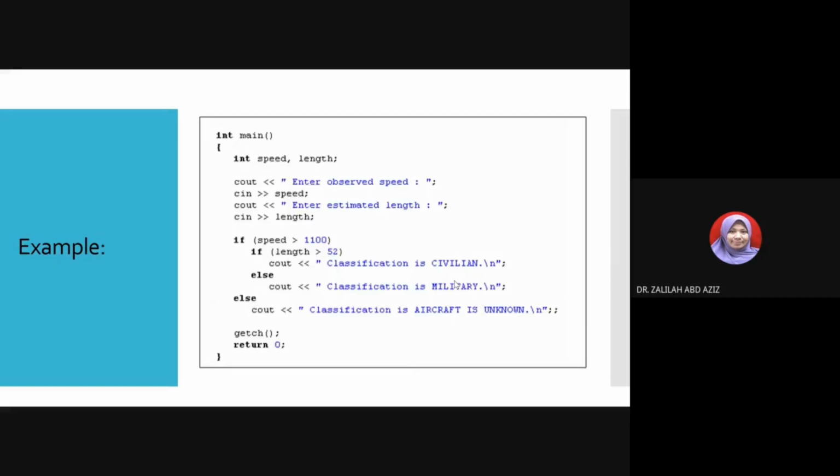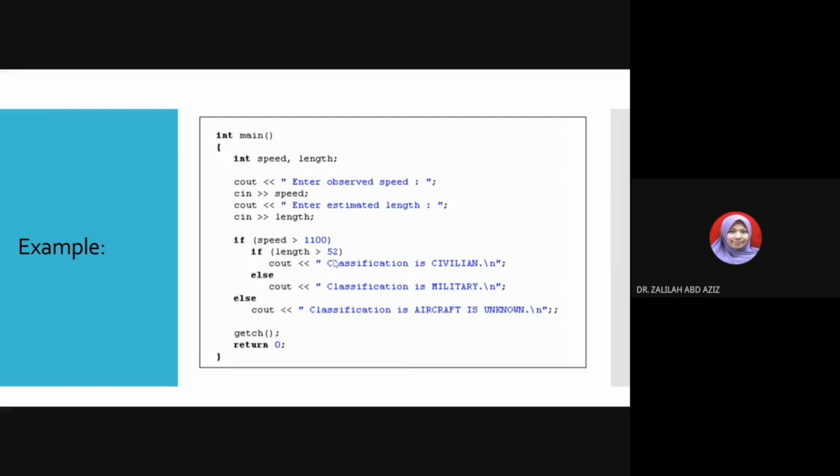Right now, we have one more example here. For example, we have two variables here, speed and length. For example, enter observed speed, and then we key in the value of speed. Then enter estimated length. We key in the value for length. So if speed greater than 1100 is true, it will evaluate for length.